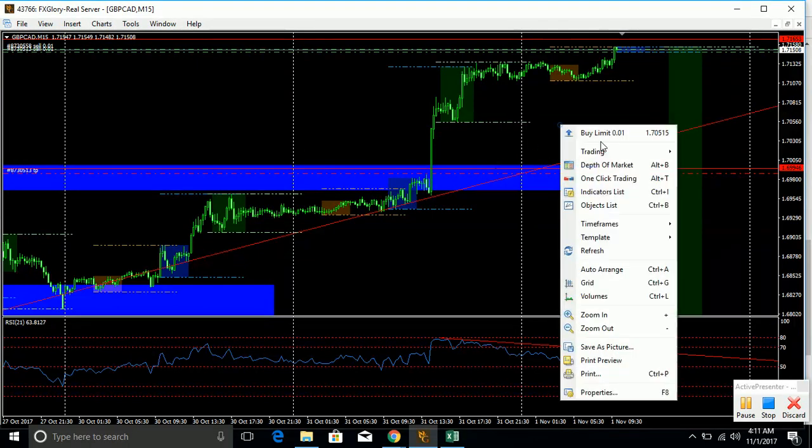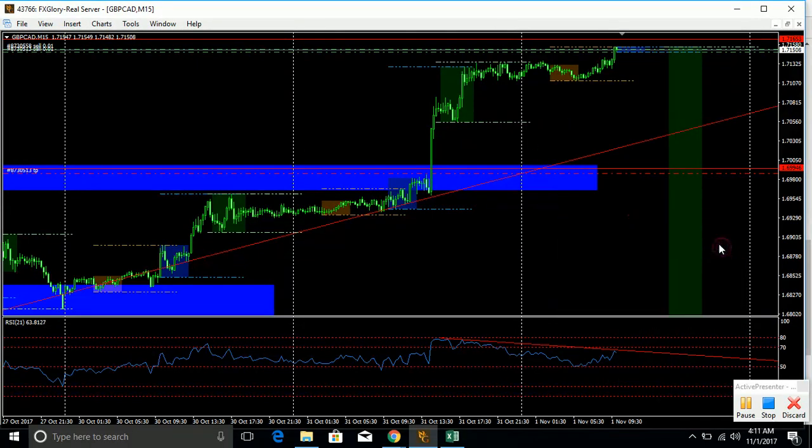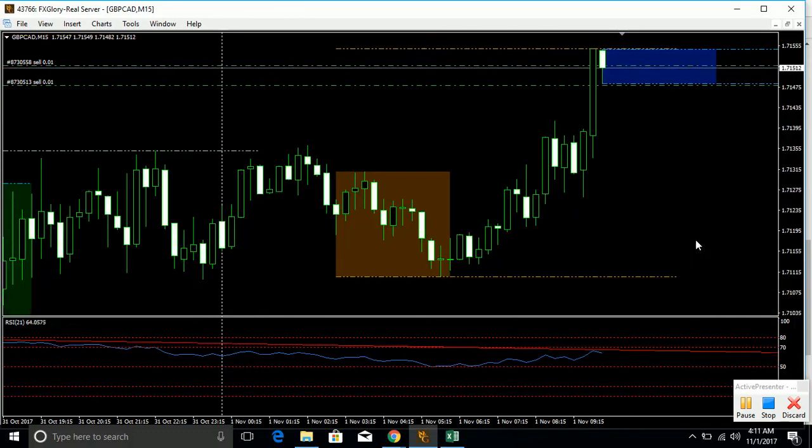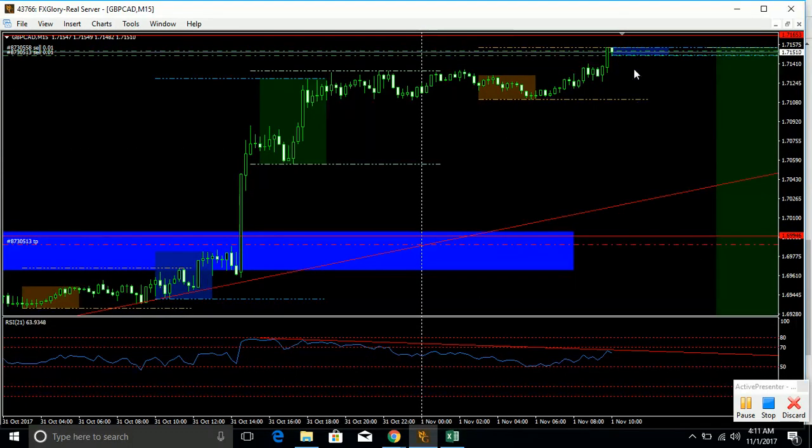This is what you would use for your timing. Your trade entries are going to be the beginning of the session or towards the end of the session every time.